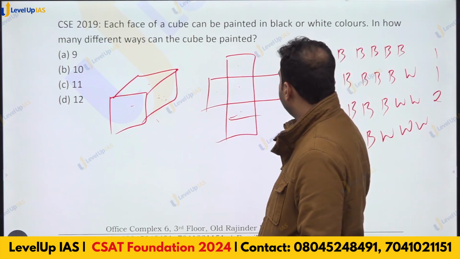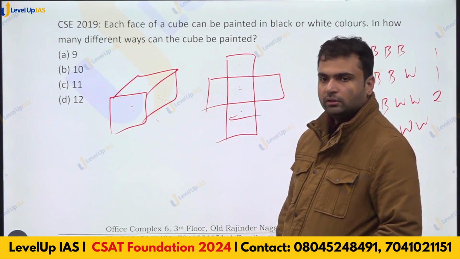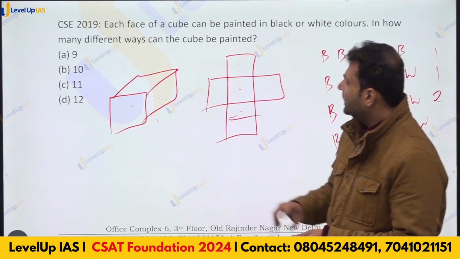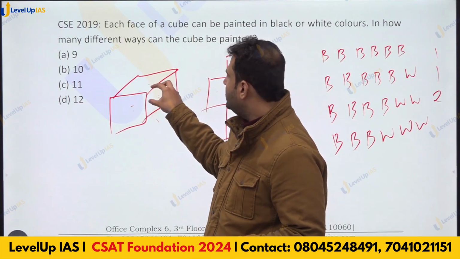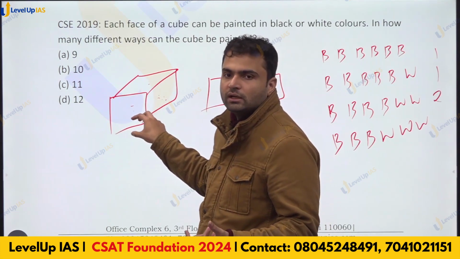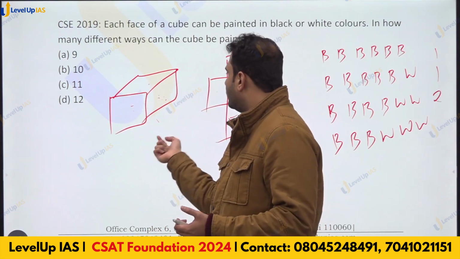Fine. Then other ways, white, white, white, black, black, black. Right? Is there any other way? You can have 3 of these as corner pieces as white. Fine. So there is no 2 whites opposite to each other, and one way is white, white, white.